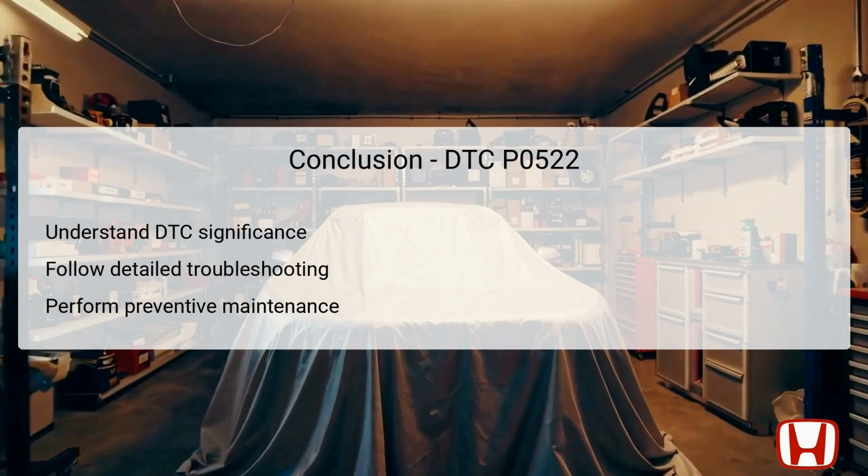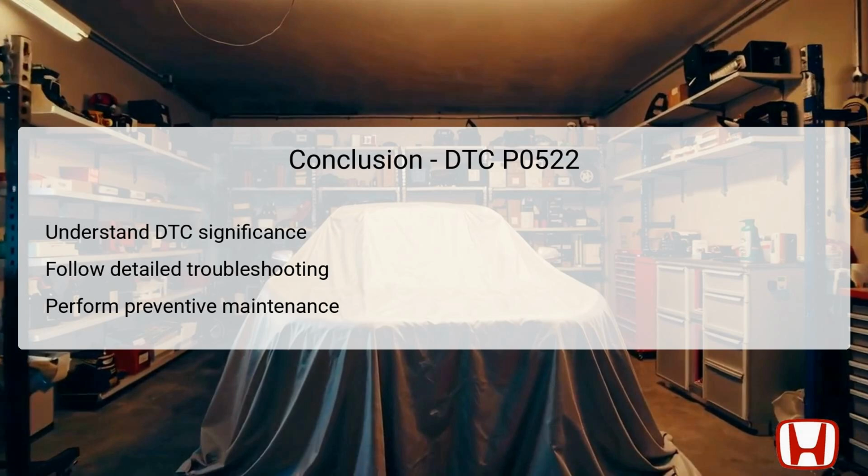In conclusion, understanding the significance of DTC P0522, which indicates a low-voltage issue in the engine oil pressure sensor circuit, is vital for maintaining the performance of the Honda Accord 2023 and beyond. Following the detailed troubleshooting steps ensures that all potential causes are adequately examined, paving the way to locate the root of the issue precisely.